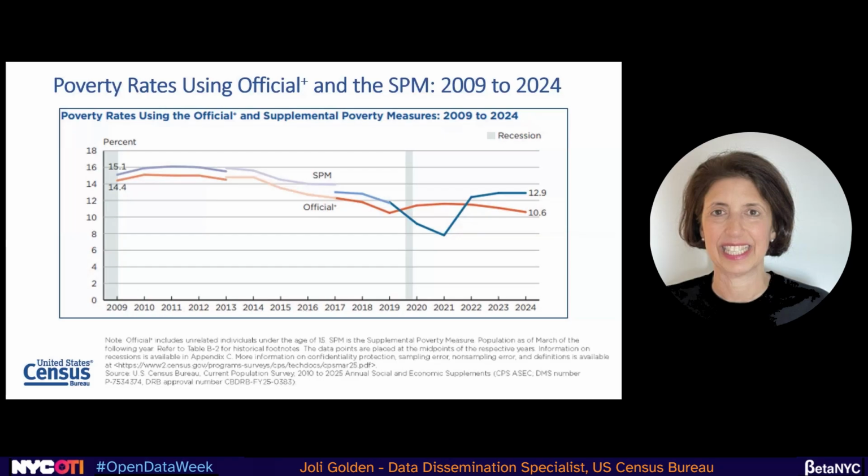And then as those stimulus supplements started to go away, you see it rise again. So pretty consistently, the supplemental poverty measure is positioned above the official poverty measure.